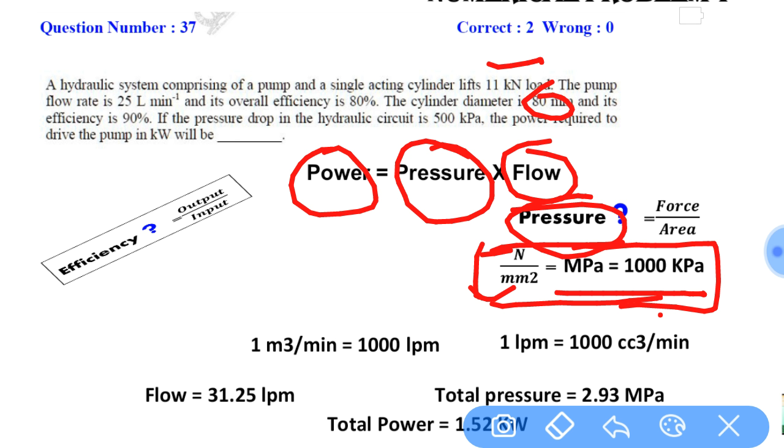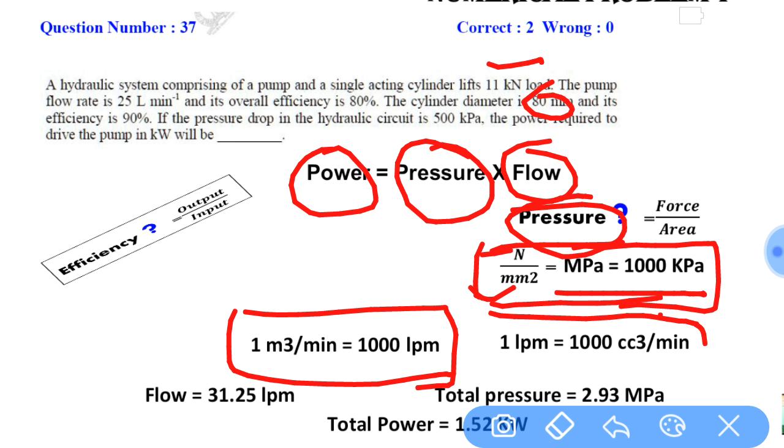Okay, and for flow calculation, you need to remember these relations. One: 1 meter cube per minute is equal to 1000 lpm, and 1 lpm is 1000 cc per minute. These are the two relations of flow and pressure in a hydraulic circuit.